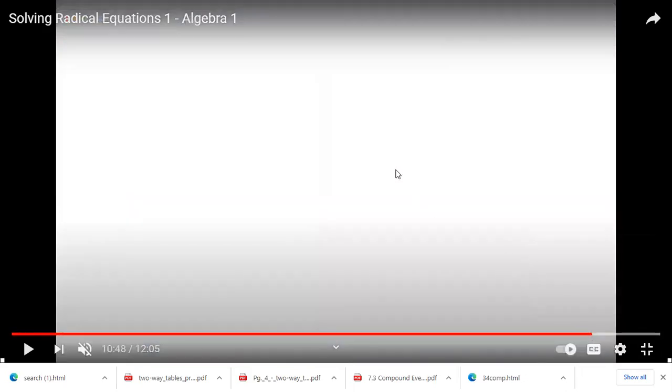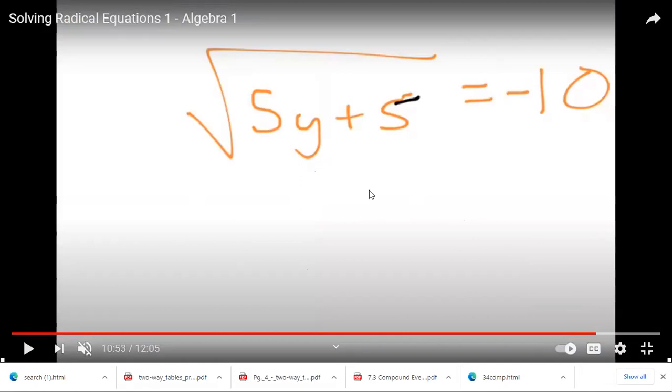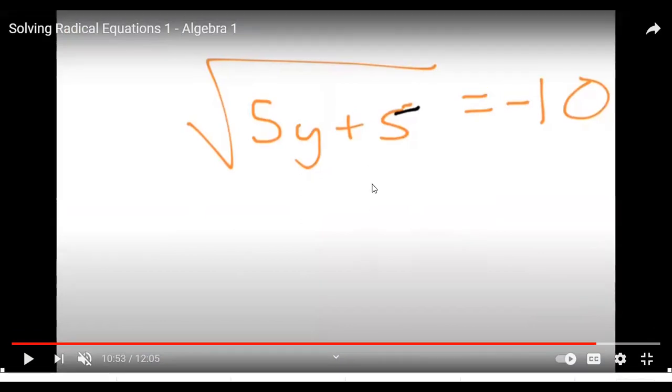But in case we have a question like square root 5y plus 5 equal -10, is there any problem with this question? Yes, the right side is a negative number. Is there any number that, as a square root, gives the answer -10?